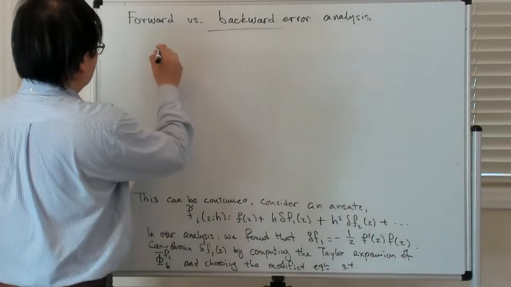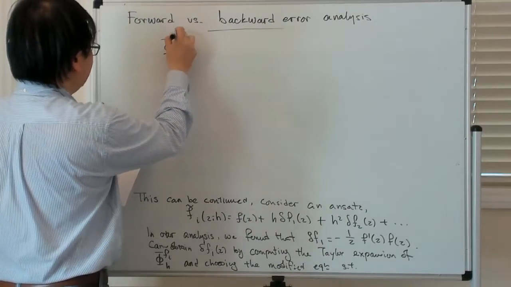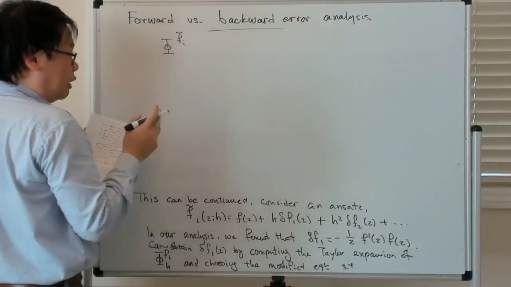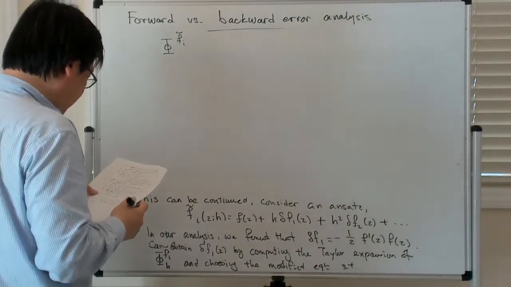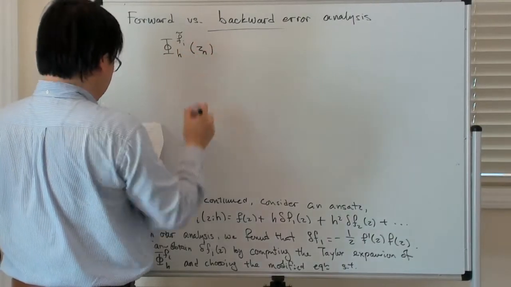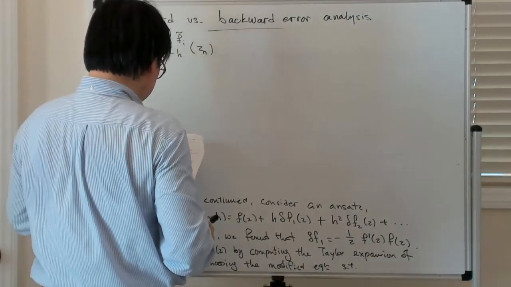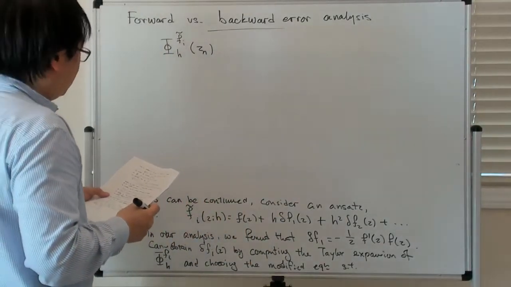All right. So what you want, of course, is the exact flow of the ith modified term, if you will, or the ith truncation, of the modified vector field when applied to Zn. This is specifically, of course, for the Euler method.